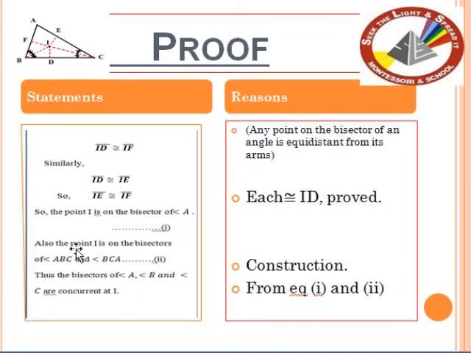Also, we will say that the point I is on the bisector of angle ABC. This is angle ABC, and I is on the bisector of angle ABC. You can see that I is on the bisector of angle ABC, and I is also on the bisector of angle BCA. From where we came to know this?